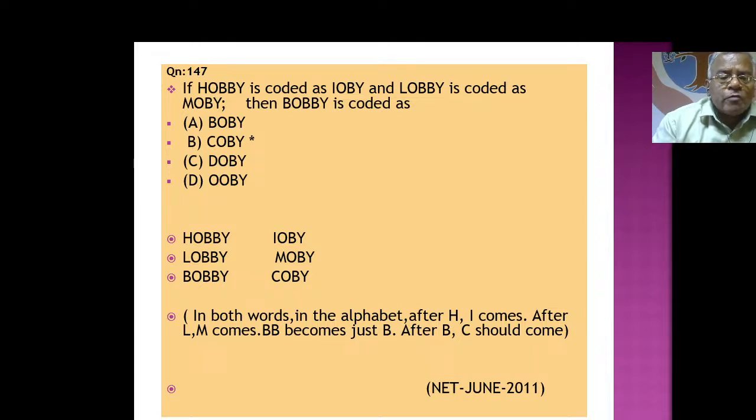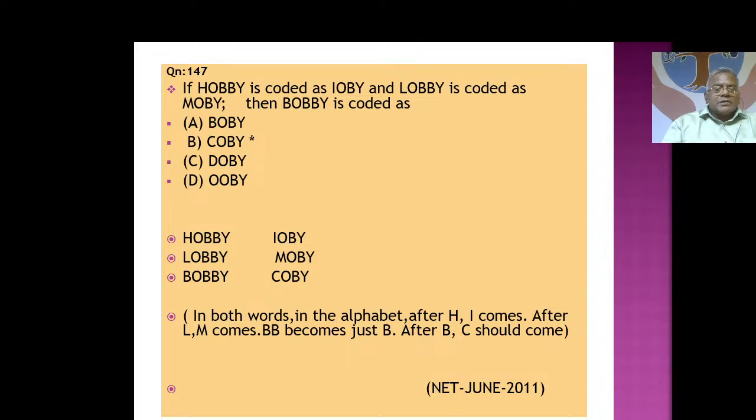HOBBY, that is IOBY, LOBBY, MOBY, BOBBY automatically what? In both words the alphabet, after H comes I, after L comes M, after B automatically C comes, right? So this is how we have to see. I hope you understood this.